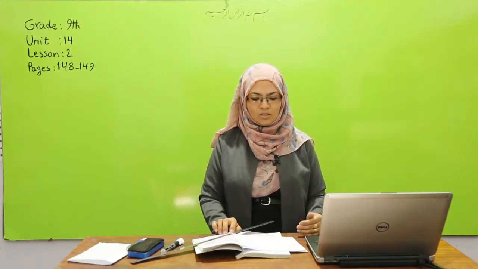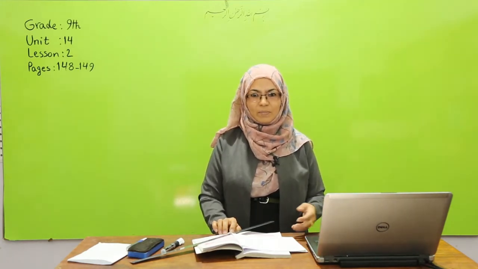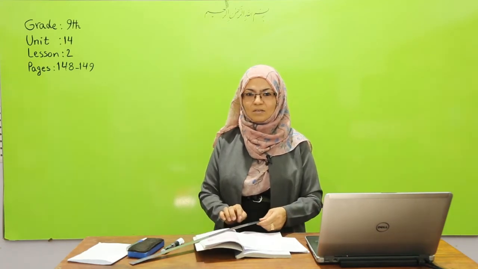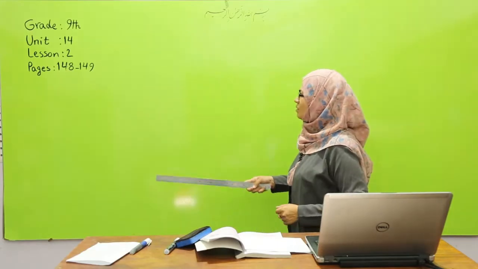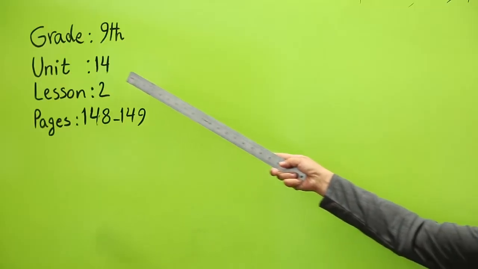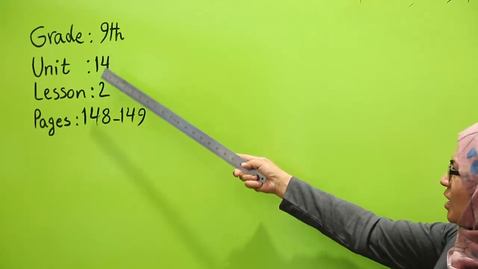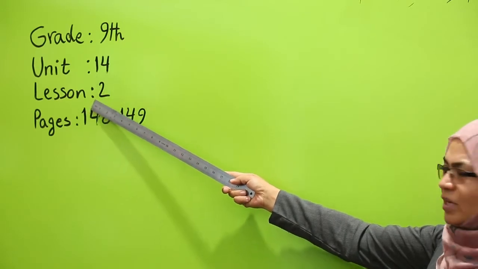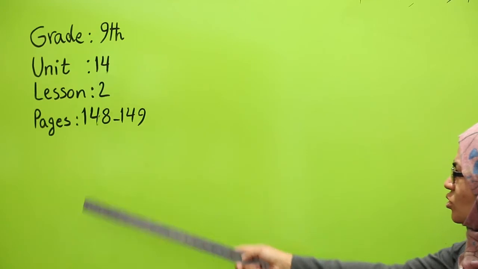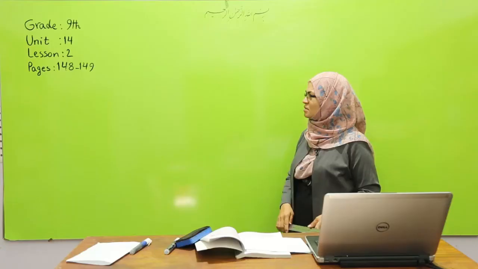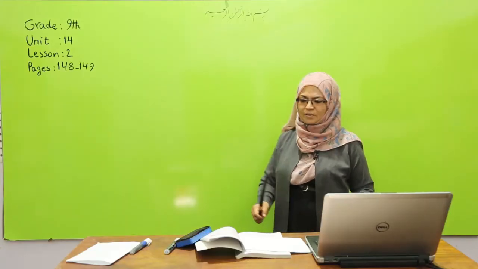Are you ready for the new lesson? So let's begin our new lesson. See the board. We are in Unit 14 of Grade 9, and we have started Lesson 2. We have 2 pages, 148 and 149.